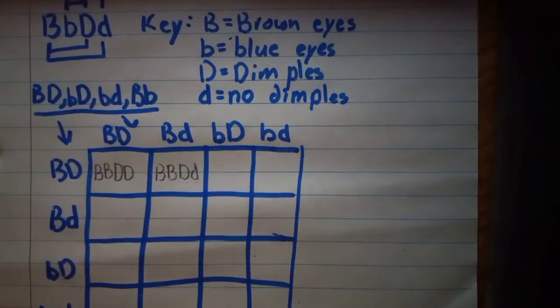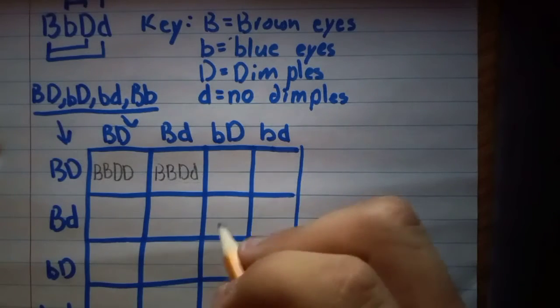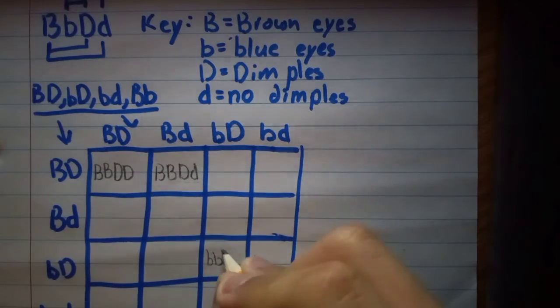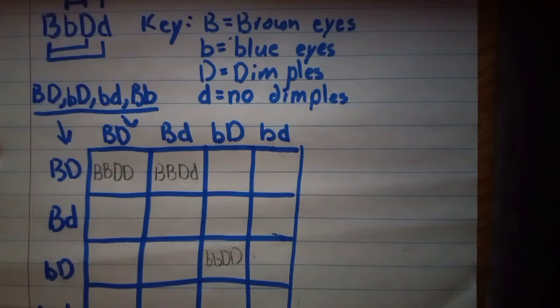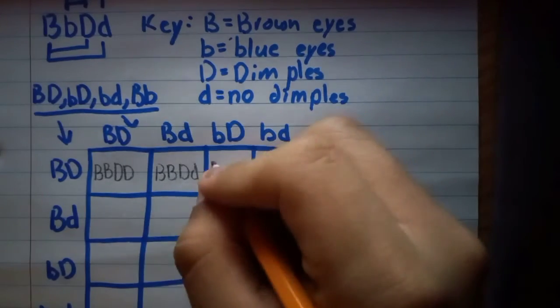And for here, if both of them are recessive, you're just going to keep it like this. Like here, let me see. Here, it will just stay like that. Other than here, this one will be like all of them will be recessive, like that. Right now, I'm just going to do the rest.